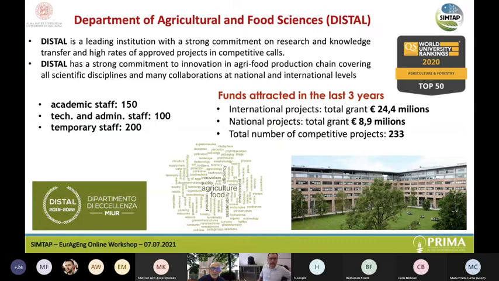Our group is the Department of Agriculture and Food Sciences, a leading institution in the agri-food system, covering basically all the scientific fields in agricultural production, food processing, and livestock production. We are an excellence department of the university ministry in Italy, and we are also ranked in the top 50 of QS.